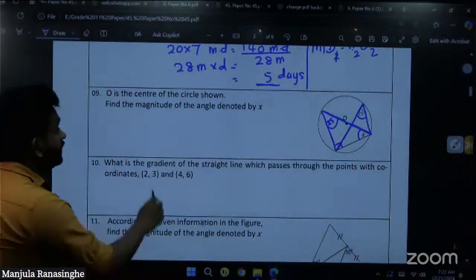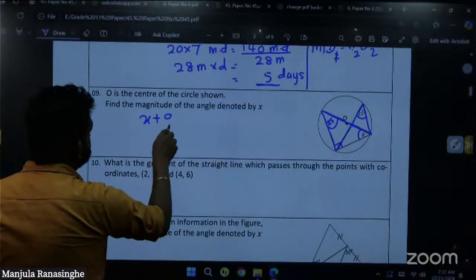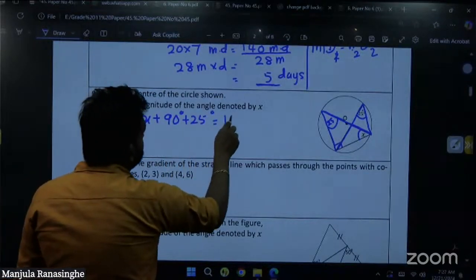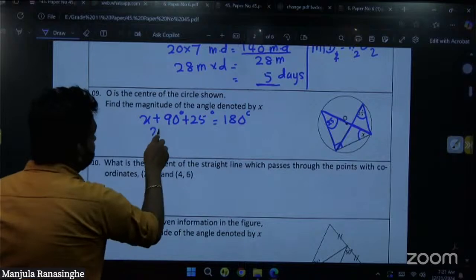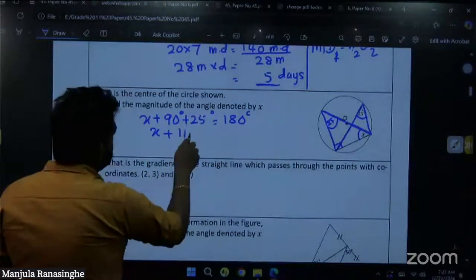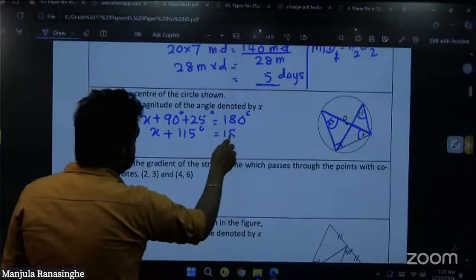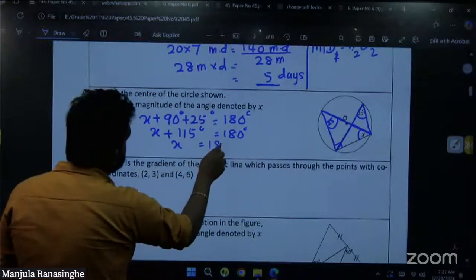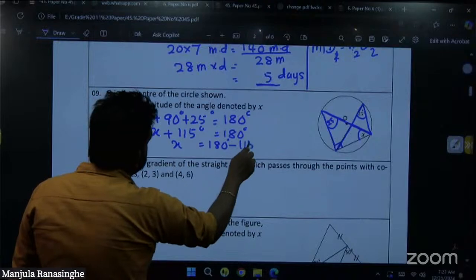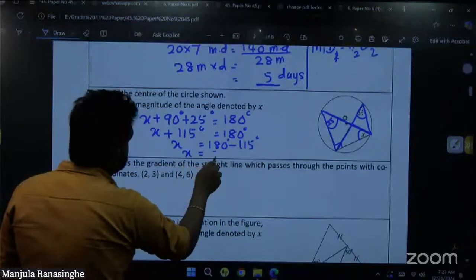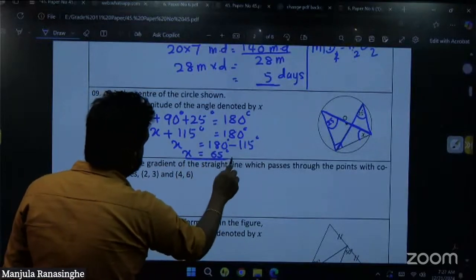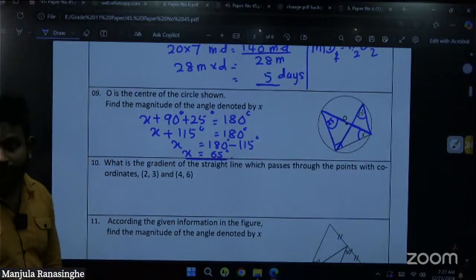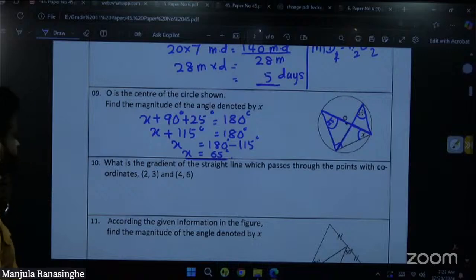You can write x plus 90 degrees plus 25 equal to 180 degrees. So x plus 115 equals 180 degrees. So x equals 180 subtract 115, then x equals 65 degrees. x equals 65 degrees.